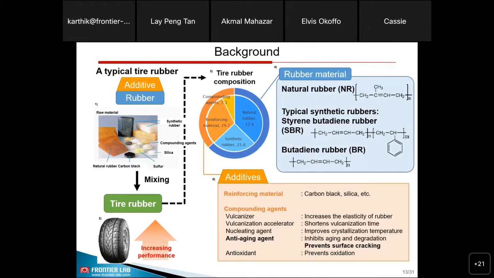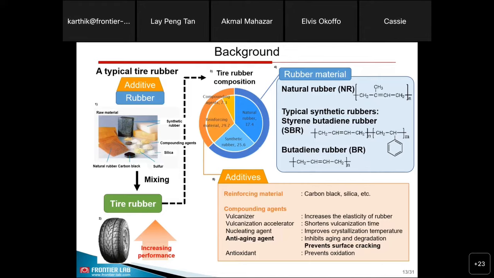Among the compounding agents, the vulcanizer helps to increase the elasticity of the rubber, and the vulcanizing accelerator helps shorten vulcanizing time, and the nucleating agent improves crystallization temperature, and the anti-aging agent helps inhibit aging and degradation. It also prevents surface cracking, and the antioxidant prevents oxidation.